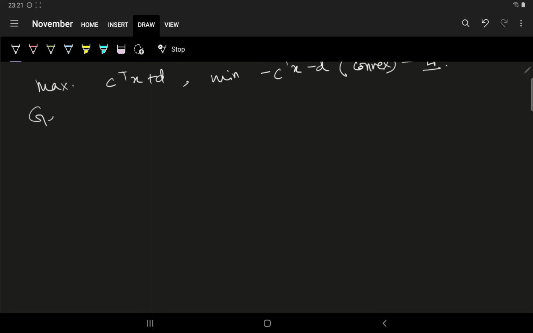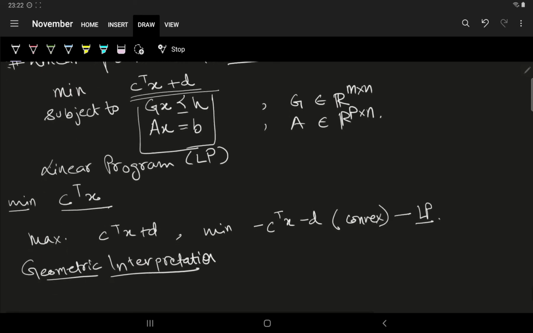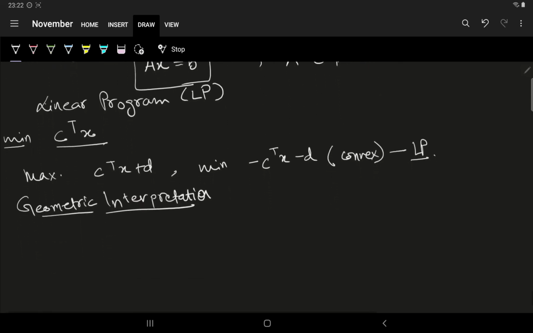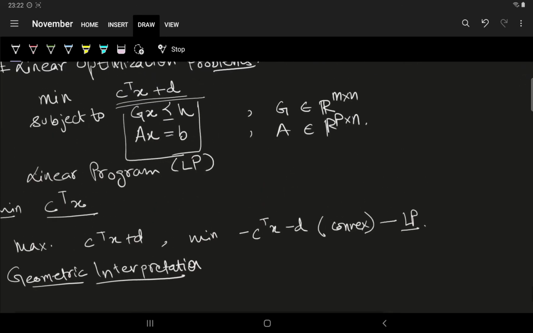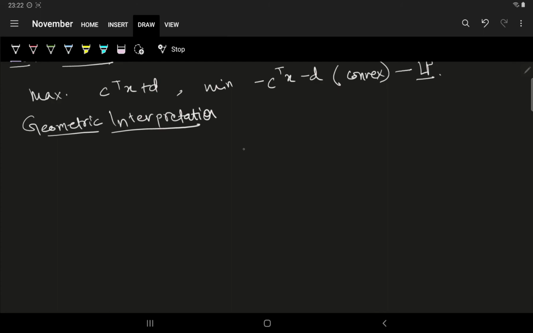To see the geometric interpretation, we see that the feasible set of the linear program is like a polyhedron.